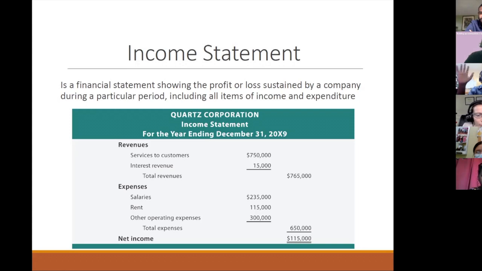In a nutshell, not to overcomplicate it, it is revenue minus expenses, which is going to show your net income. And it's for a period in time, meaning that if I'm looking at the year ending December 31st, 20X9, it's from January 1st to December 31st. You can also have a P&L, profit and loss statement, that is for 6 months, right? I just want to make that clear.